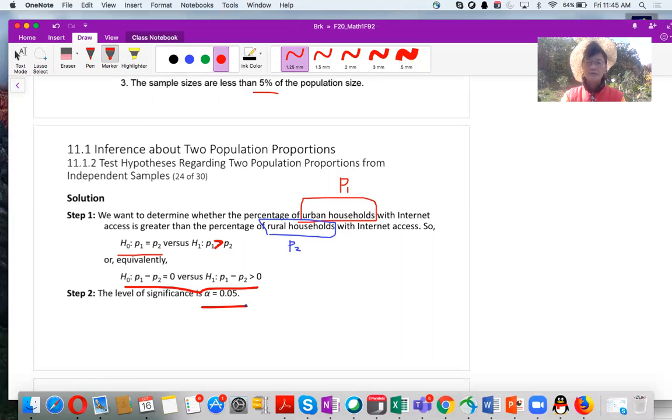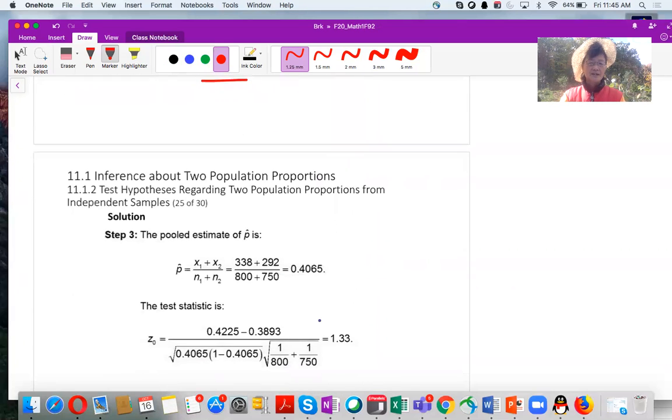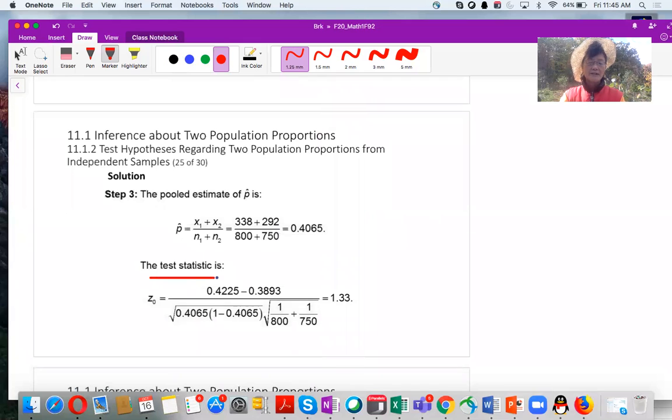Step 2, specify alpha. This value is given. Step 3, calculate test statistic Z. Remember the formula: p1 hat minus p2 hat. Maybe I'll write on the side.